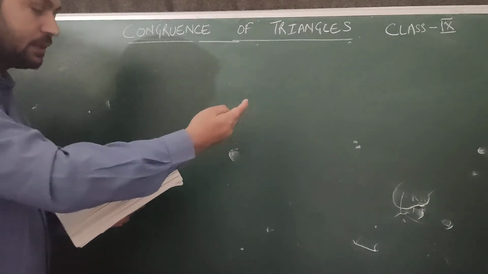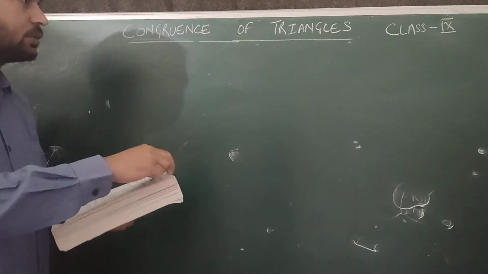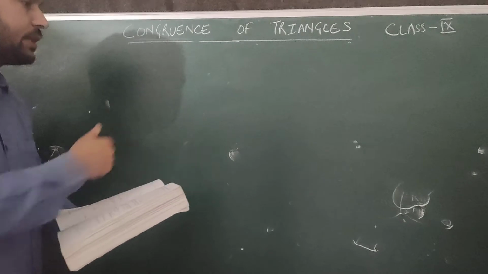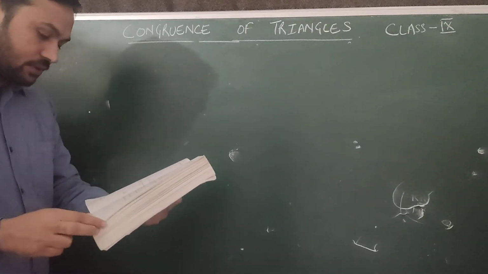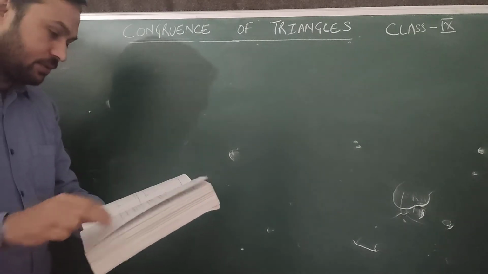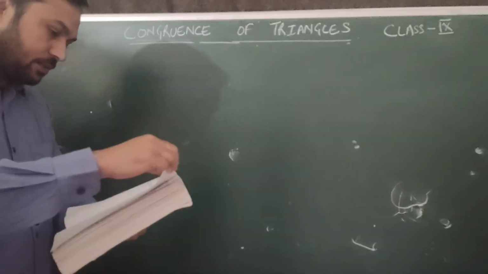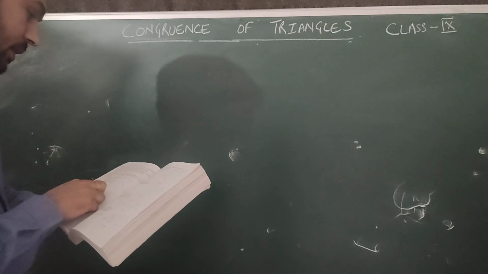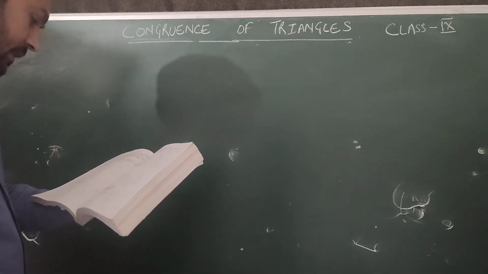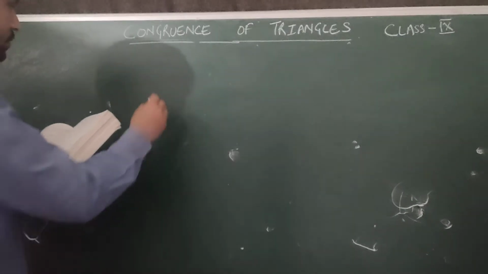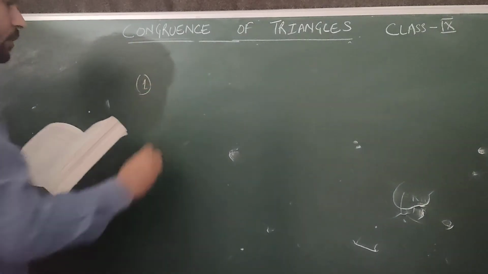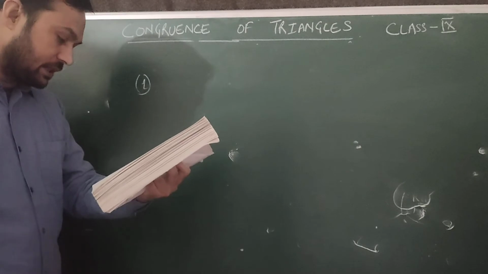So we need to see the figure given in the question, and whether out of those 5 conditions any condition is satisfied or not in our given question. So if we see a question from the class 9 book, let's take a normal one, which is the first question. If you can understand one question, then you can do the rest.